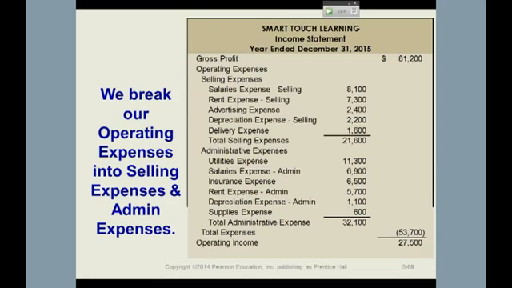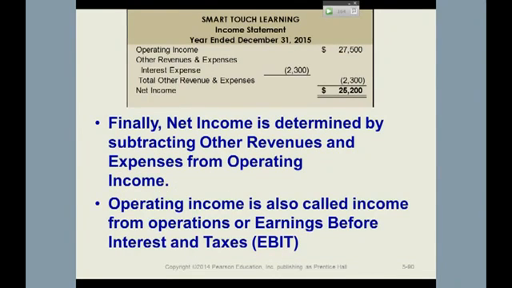Right? Okay. All right, now, let's make sure we understand why EBIT is going to be an important measure. By the way, of course, once you then subtract out interest expense, then you would get your net income. Net income is after all of the other revenues and expenses.